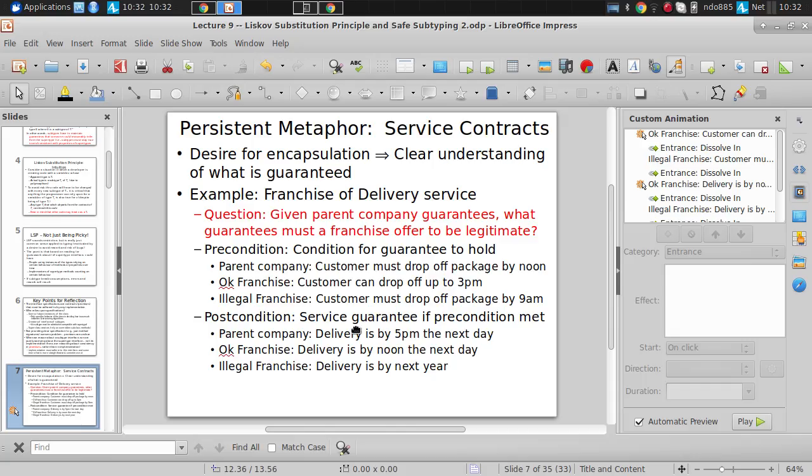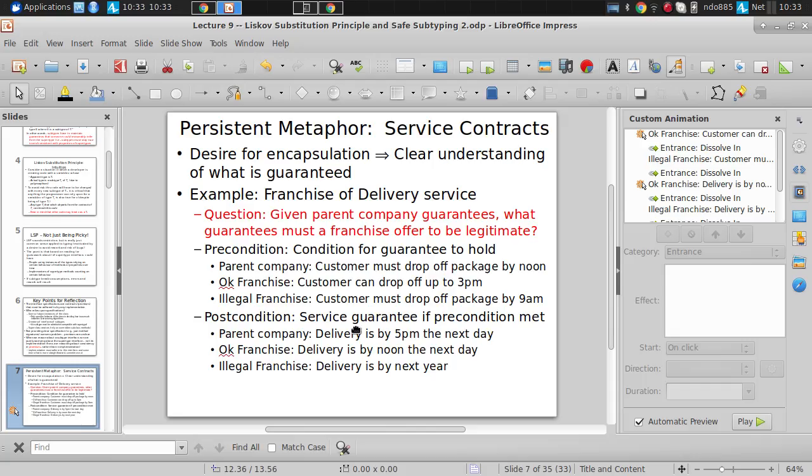So this is the precondition here on the left, and we'll imagine a postcondition here. And the postcondition here is, you know, parent company guarantees delivery sometime less than or equal to 5 p.m. next day, right? This is delineating the set of possible times. And put aside the fact that it's a continuous set the next day, okay? We're imagining it's discrete times.